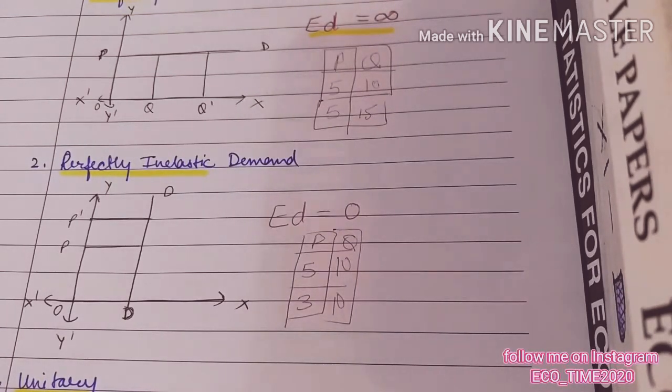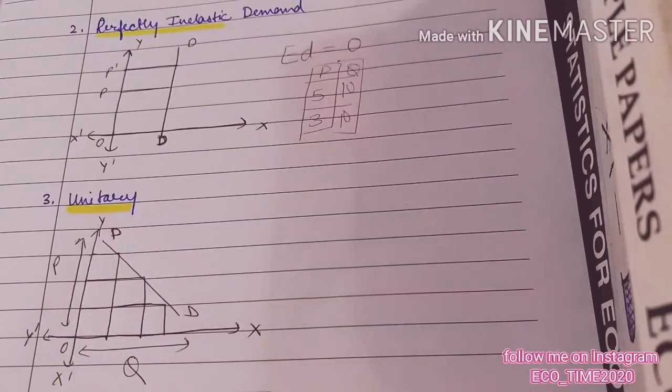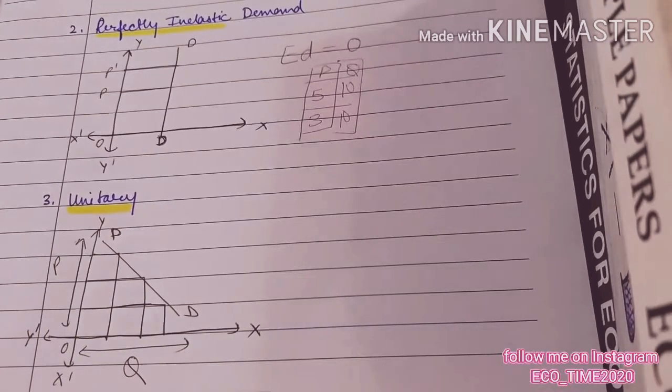Let's move on to unitary elastic demand. As you can see the diagram, you might have assumed that the price and the quantity are changing at the same level. If you thought it, then you're right.